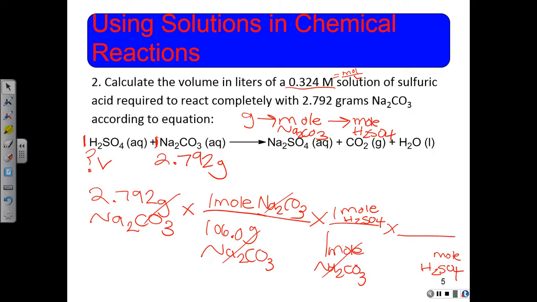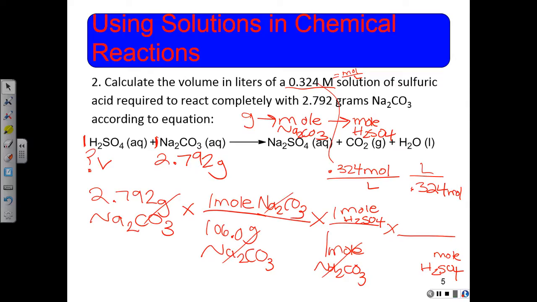So this is the same as writing 0.324 moles per liter. There's our next conversion factor. Are we going to plug it in this way, or are we going to have to flip it over? We need moles here, so we're going to have to plug it in this way.